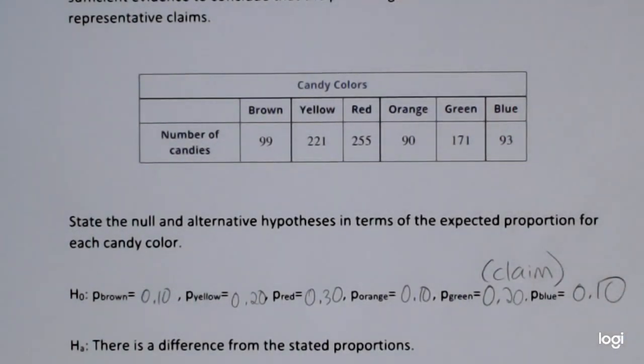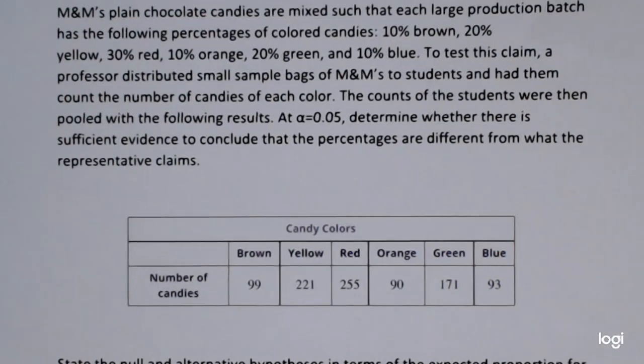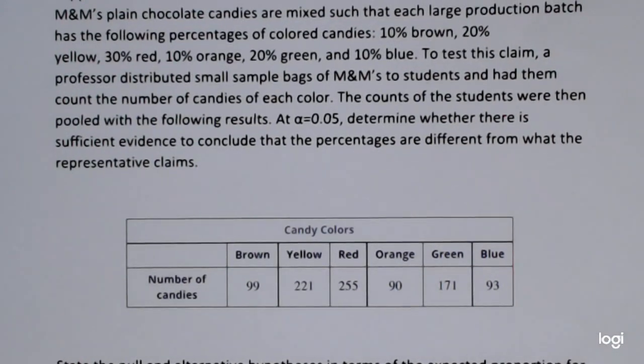Okay, so we're given the observed values in a table. For this particular example, the sample size was 929. So there were 929 M&Ms altogether that were sampled.